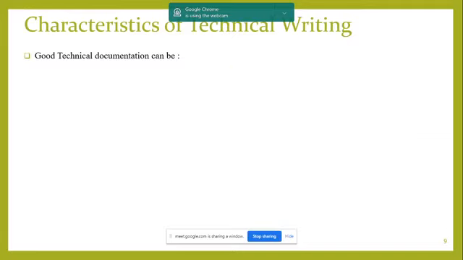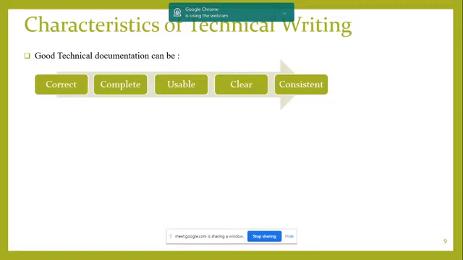So what could your technical documentation be? How should a good technical documentation be? It should contain 4 C's with you. That is the main formula here. The 4 C's I am talking about are correct, complete, clear, and consistent.